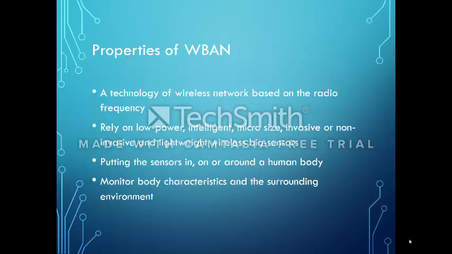The WBAN is a technology of wireless network based on radio frequency, which allows the integration of low-power, intelligent, micro-size, invasive or non-invasive, and lightweight wireless biosensors in, on, or around a human body in order to monitor body characteristics and the surrounding environment.